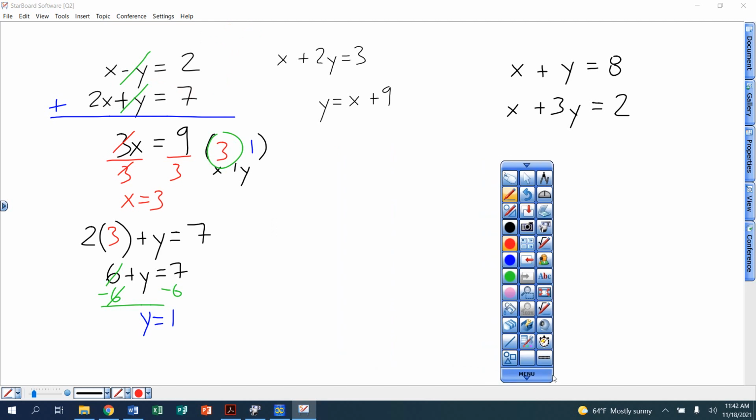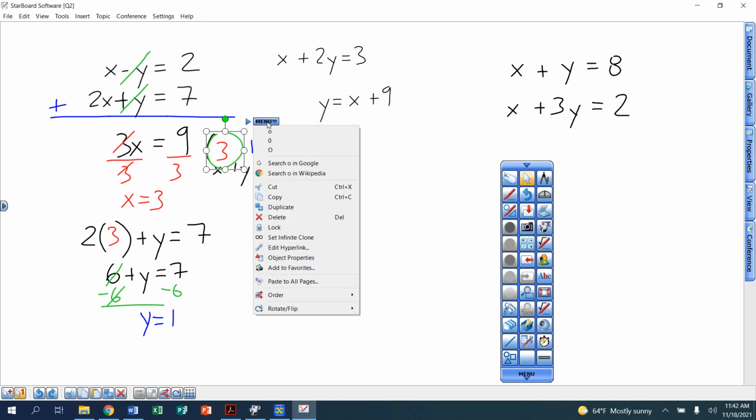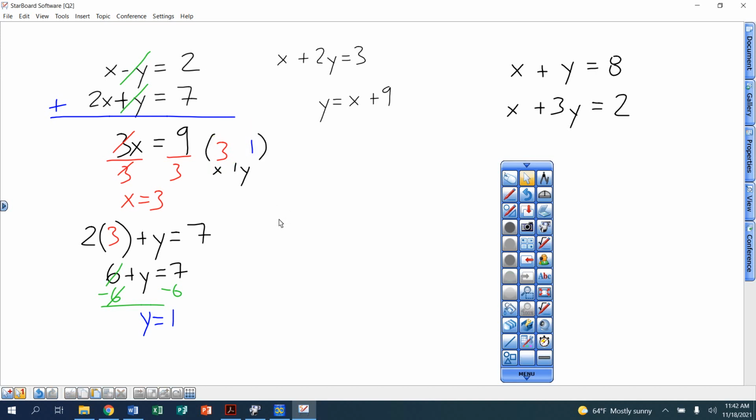All right, for this one, they want you to rearrange it before you stack it, knowing that you need these in standard form, x and y together. So for this one, I'm going to look at this 1x right here and do the opposite, minus 1x to both sides of my equation here.